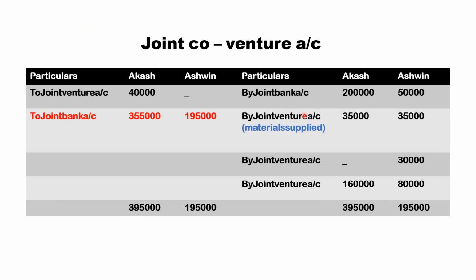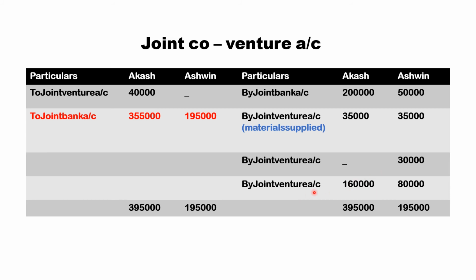Co-venture account, by joint bank account, capital contributed by Akash and Ashwin, 2 lakh and 50,000. By joint venture, material supplied by Akash 35,000, material supplied by Ashwin 35,000. Next, by joint venture account, 30,000 is a salary payable to Ashwin. 30,000 is a remuneration payable to Ashwin. Akash, no remuneration, so it's a dash.